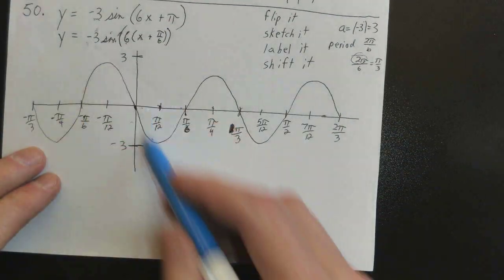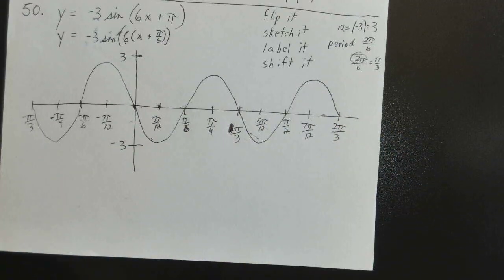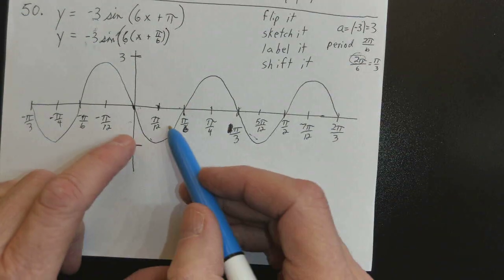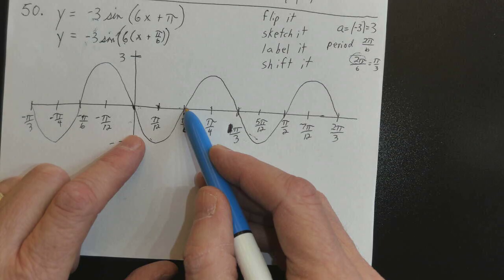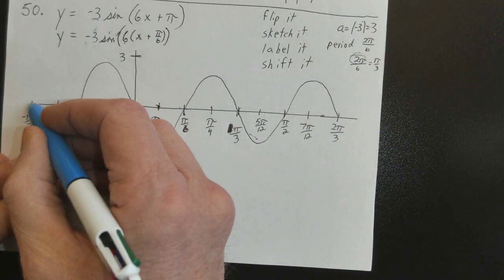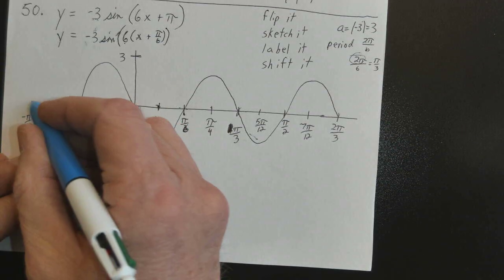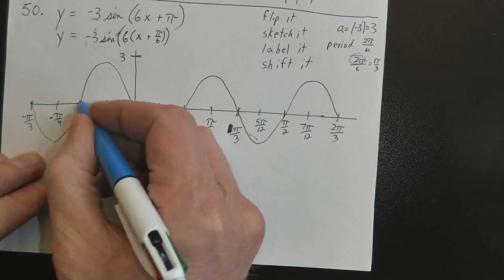And again, I forgot I was going to do that part in pencil, but now it's time to shift it. So we're going to shift each one of these points pi over 6, which is 2 tick marks, right? Is pi over 6. So my new point here for this one is 2 marks over.